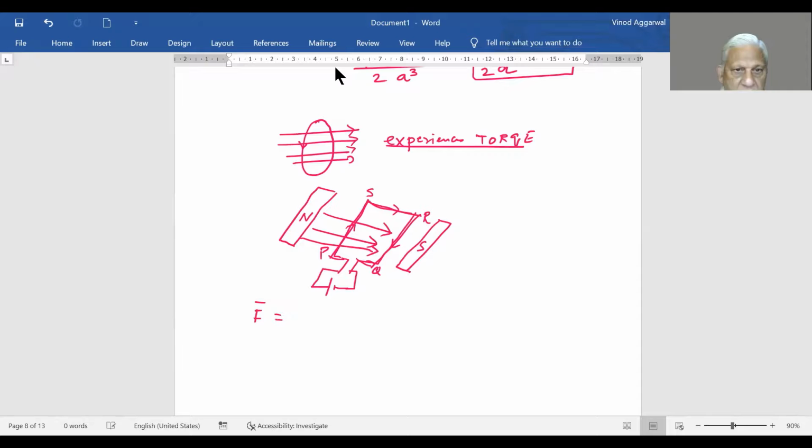Force acting on a current carrying conductor, we have already seen, is equal to I L cross B. Here this is the force on the conductor carrying current I, whose length is L, in a magnetic field B. Okay. So then, what is the force on segment PS?